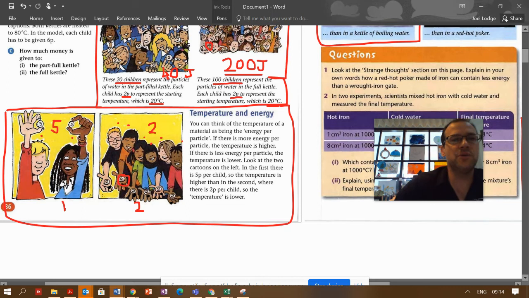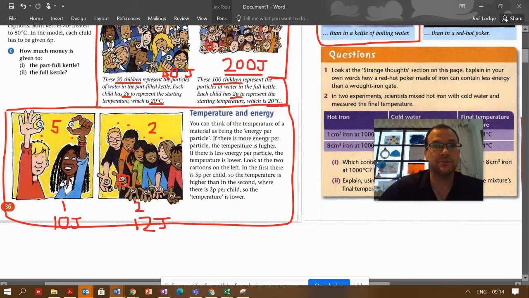Now, can you work out then how much energy total there is in each picture? Picture number 1, good. We've got 10 bits of energy, 10 joules. Picture 2, right, good. We have 12 joules of energy. 6 children with 2 joules per particle.